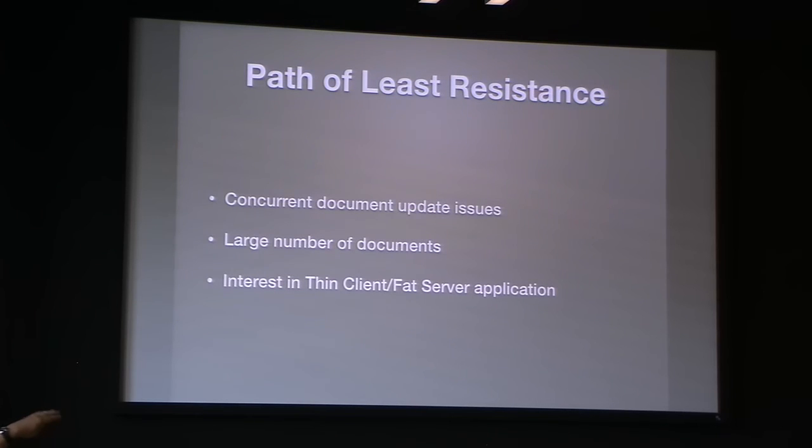If you have a large number of documents, GemStone becomes a natural and not a big step. And if you have a relatively thin client and a fat server, you can try that out and play with that. There's not too much more work needed to make that happen. Mainly the transaction models need to be figured out.